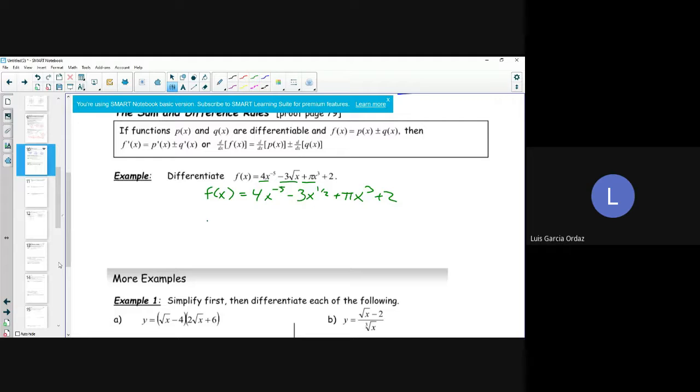So my f prime, again, we follow our rules from the beginning. When you bring the exponent in front of a coefficient, you have to multiply it.